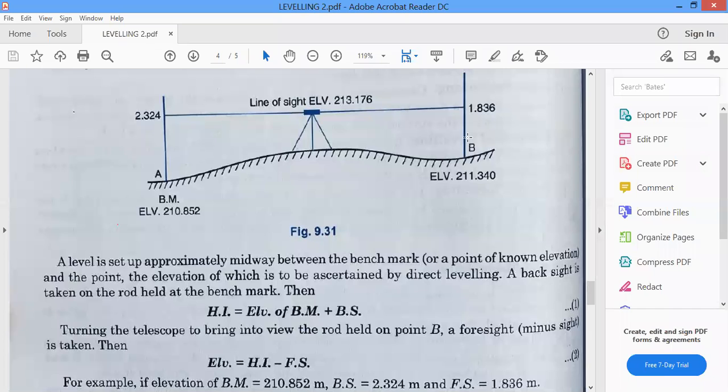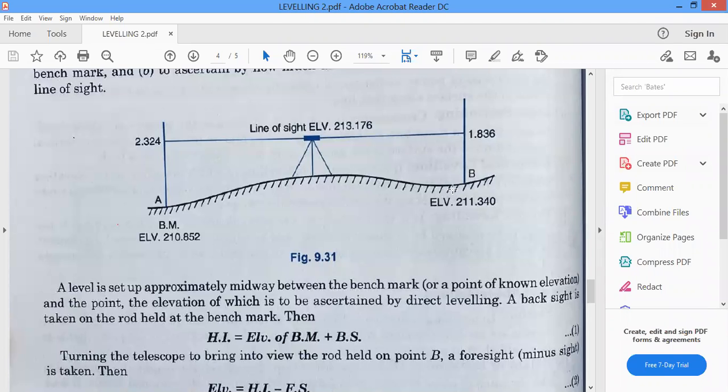So after noting down the backside reading on the benchmark, we calculate the height of instrument with respect to the benchmark. We have got it as 213.176 here. Next, turn your telescope towards the staff held at the point whose RL or reduced level you need to calculate. At point B, I am holding the staff and I am getting the reading as 1.836. If you see this figure, the staff reading is 1.836.